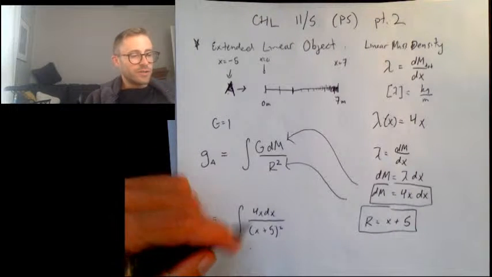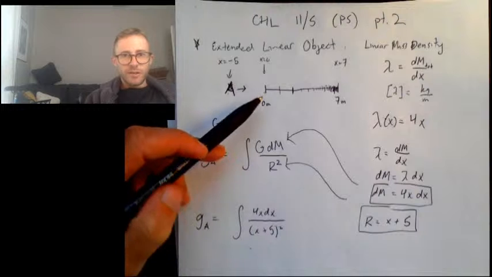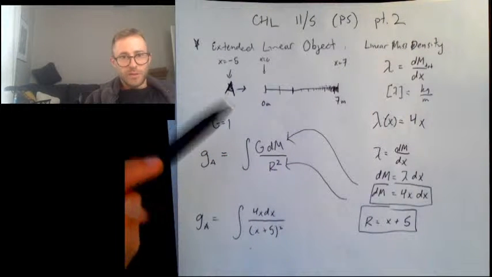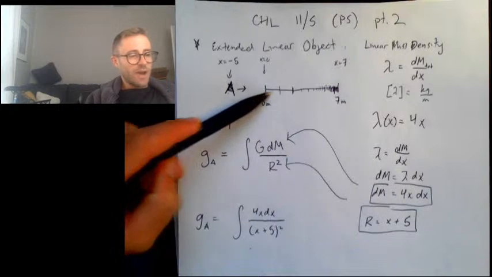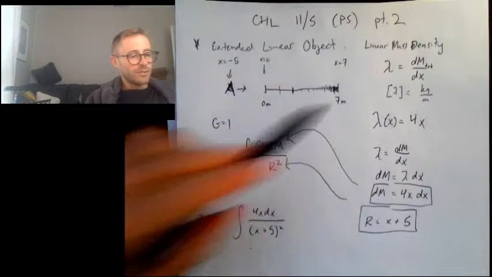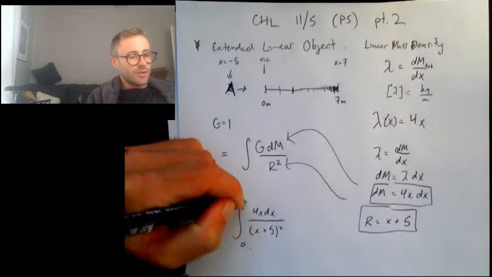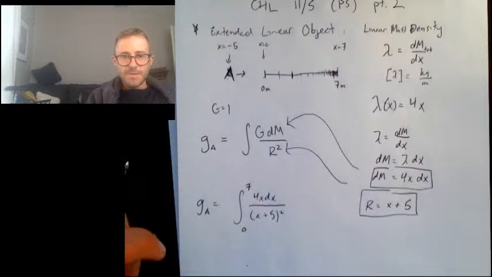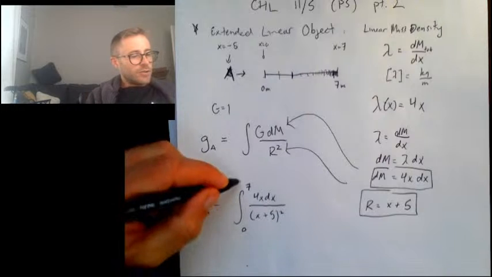The limits of integration are the x values that this extended object goes between. This extended line of mass goes from x equals 0 to x equals 7. So my limits of integration are x equals 0 to x equals 7. So you would just do this integral.